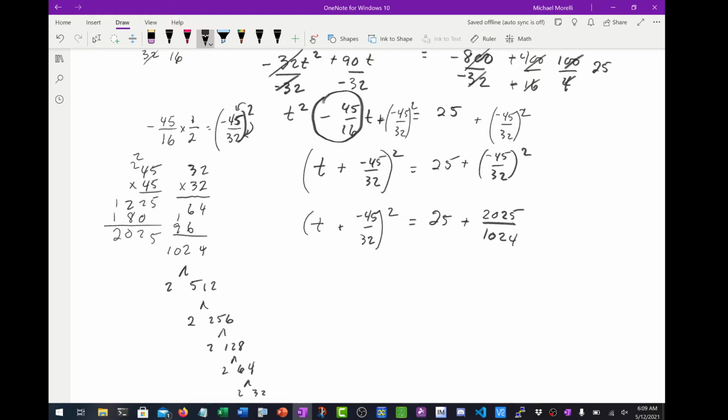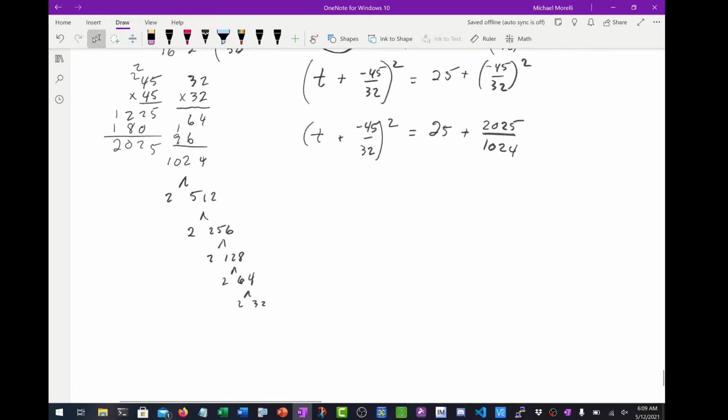Yeah, I'm not going to get anywhere. So none of these factors are going to help me get 25 in terms of 1024. I think I'm just going to end up having to multiply. I'm going to end up in the same boat I was in earlier. I'm going to multiply 25 times 1024. And this can't possibly be what they want me to do.